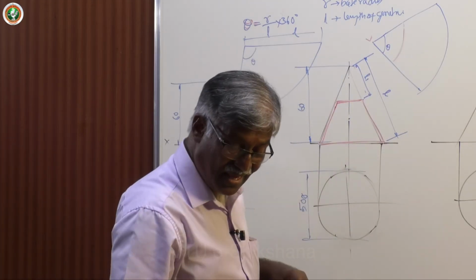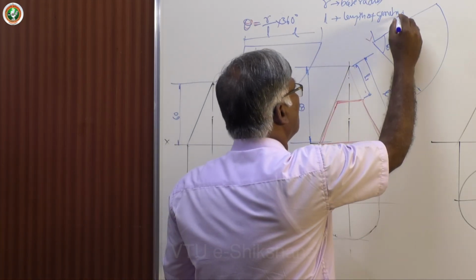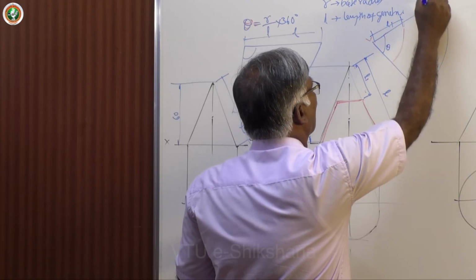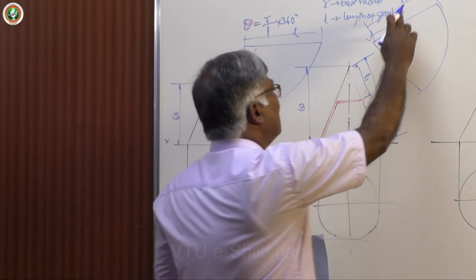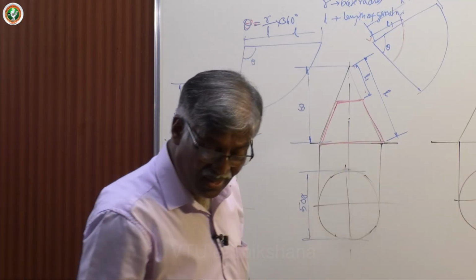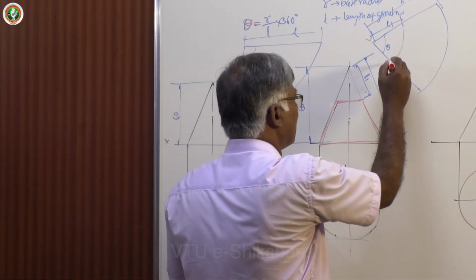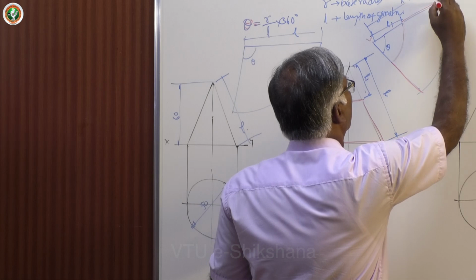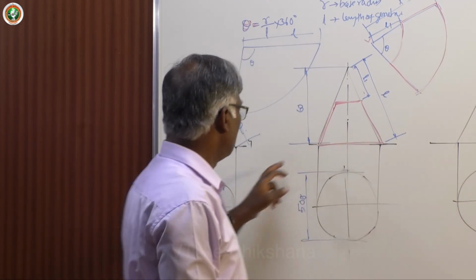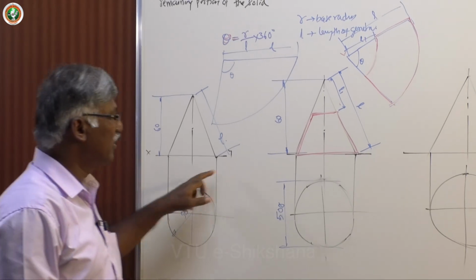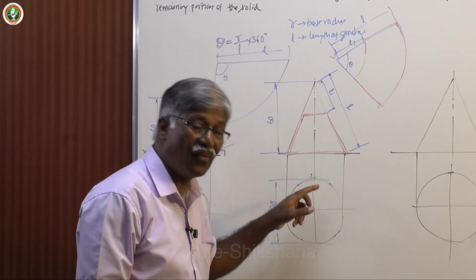Now this is L1, this is L1, this is L. Total length is L. So this is a very easy method. Then dark only the required portion, that is this portion. That's all. The development of the complete cone, this is called the frustum of cone.